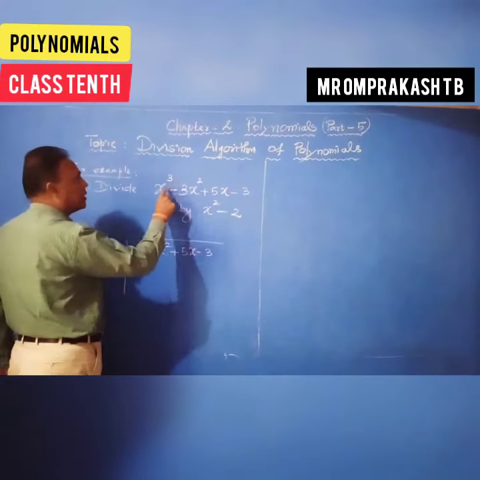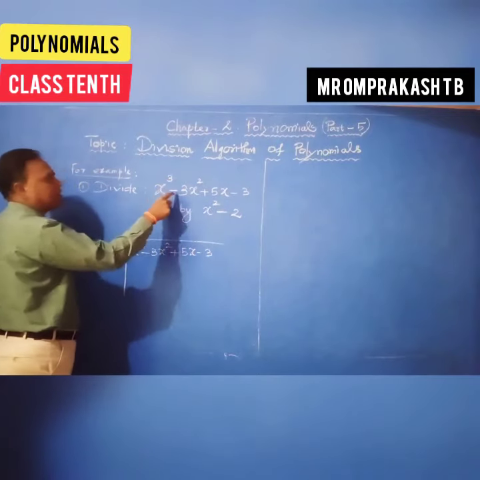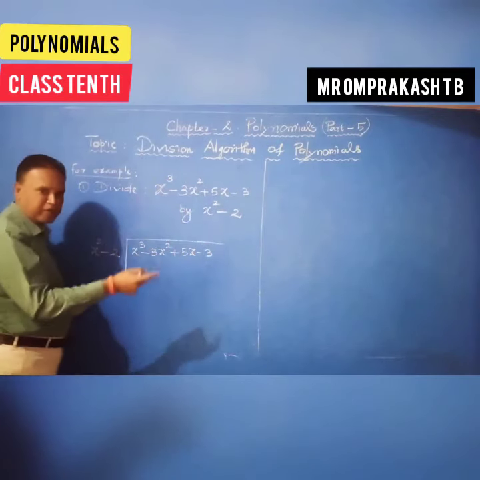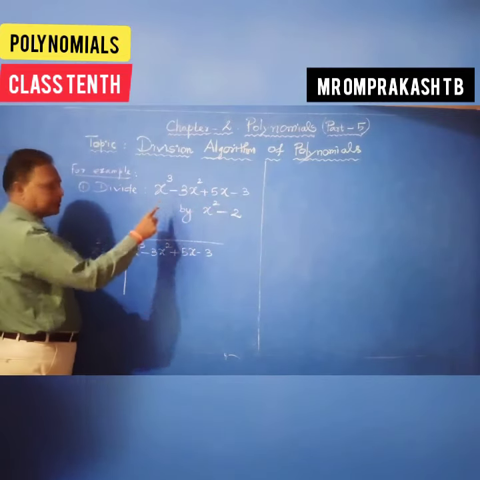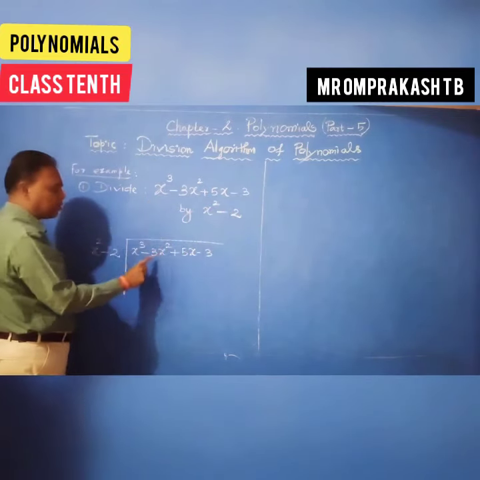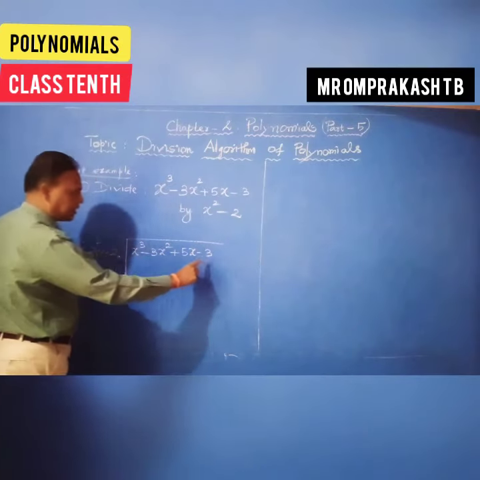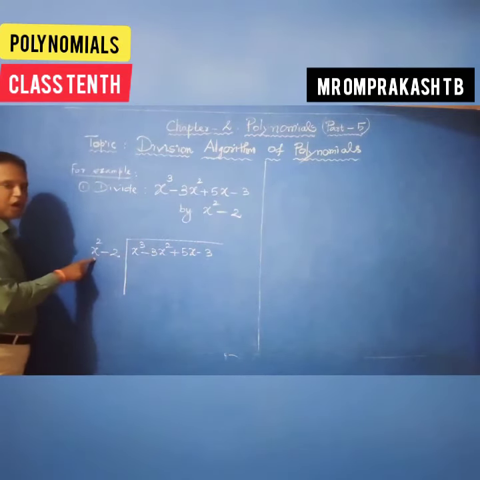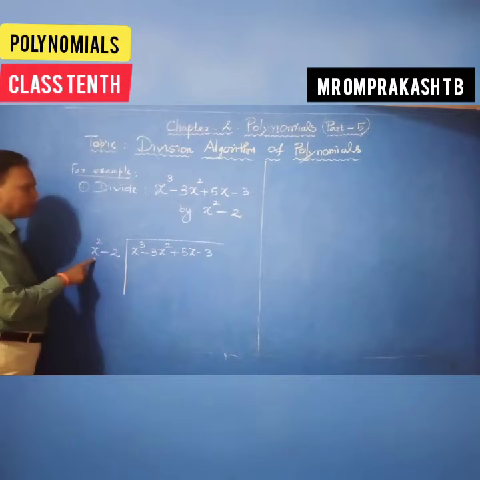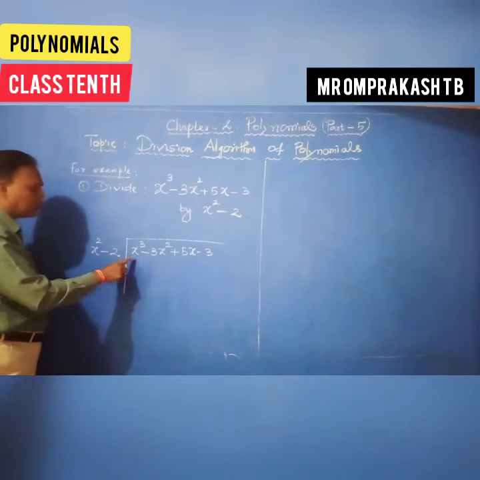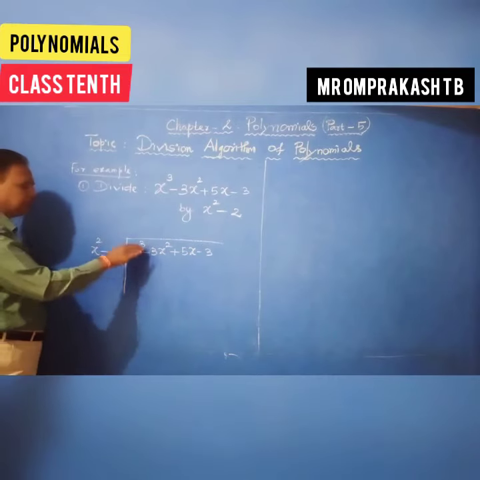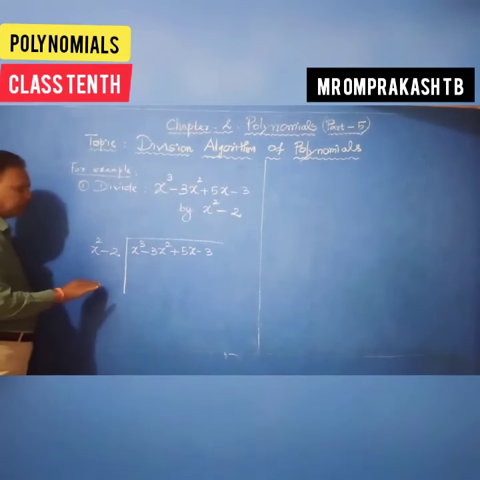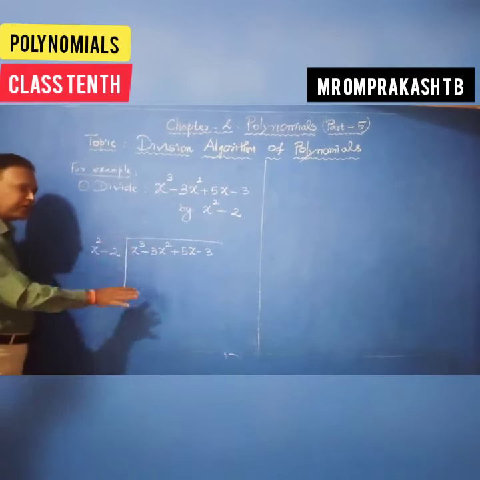Always take the polynomial of highest degree as the numerator and write it inside, and the other one, the denominator, you write outside. Now, division means you have to reduce the degree of the polynomial. On dividing, automatically it will be reduced.